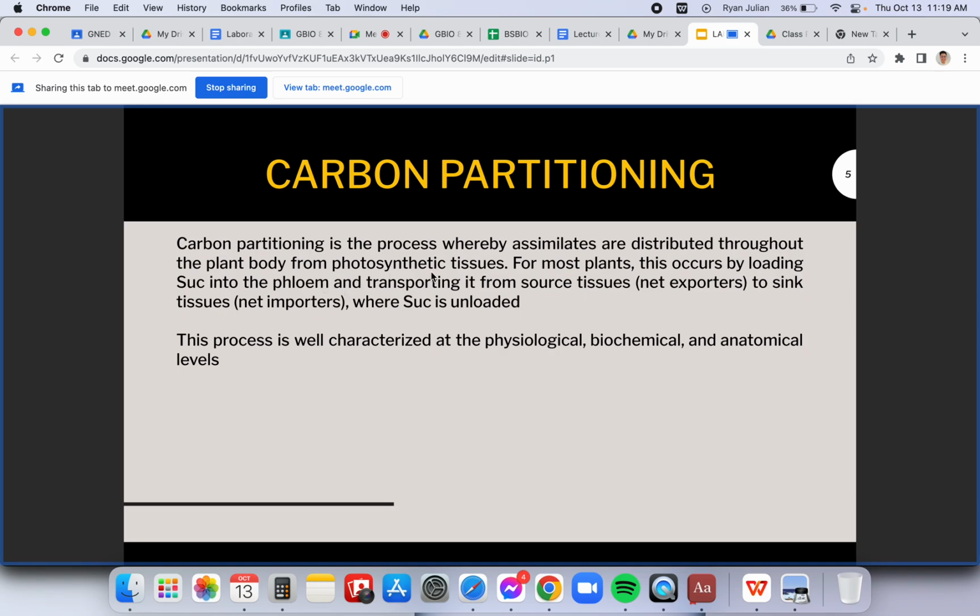For most plants, this occurs by loading sucrose into the phloem and transporting it from source tissues, in the form of net exporters, to sink tissues, or what we call the net importers, where sucrose is unloaded. Lastly, this process is well characterized at the physiological, biochemical, and anatomical levels.